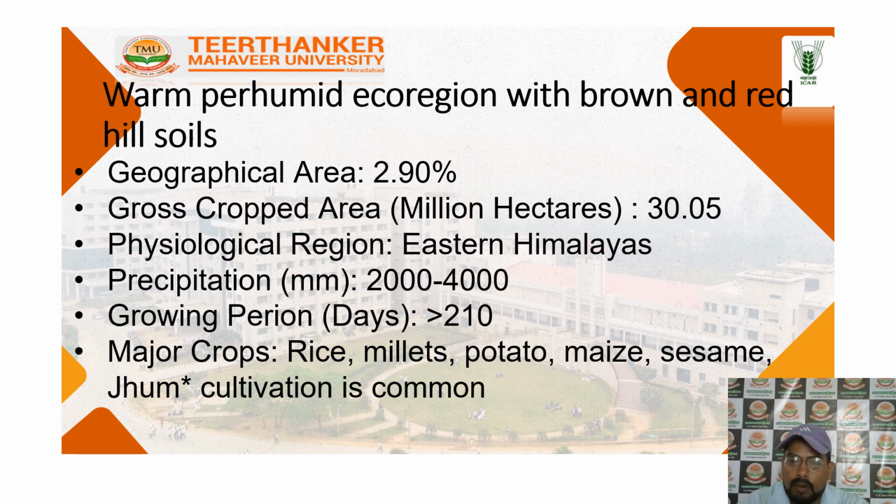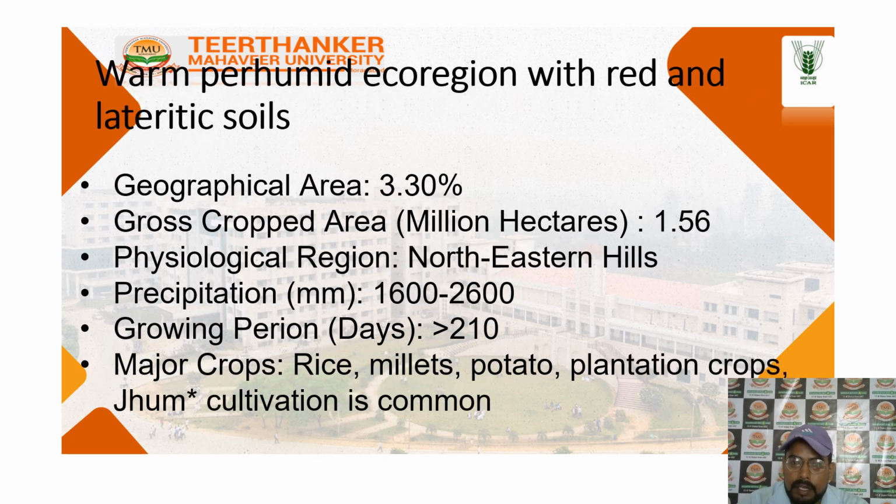The geographical region is the eastern Himalayan region, and the annual rainfall is 2000 to 4000 millimeters, and the growing period availability is more than 210 days, and the major crops are rice, millets, potato, maize, sesame, and especially in these regions jhum cultivation is practiced, that means growing crops in one place and then leaving it and growing in another place. This maintains the fertility of the soil, compared with continuous growing.